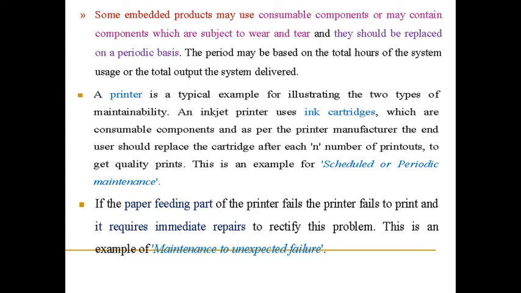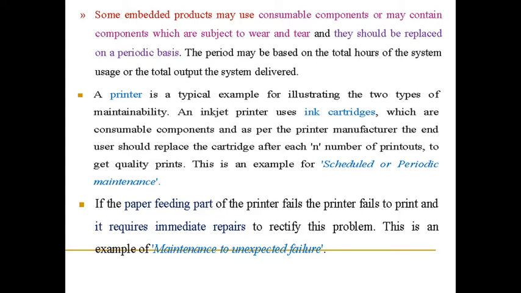With an example we are going to see how maintainability will be done here. If you take an inkjet printer, it makes use of an ink cartridge. This ink cartridge has to be replaced after each n number of printouts has been taken. This is an example of scheduled or periodic maintenance. Every time we have taken a certain number of printouts, the ink cartridge will be replaced.